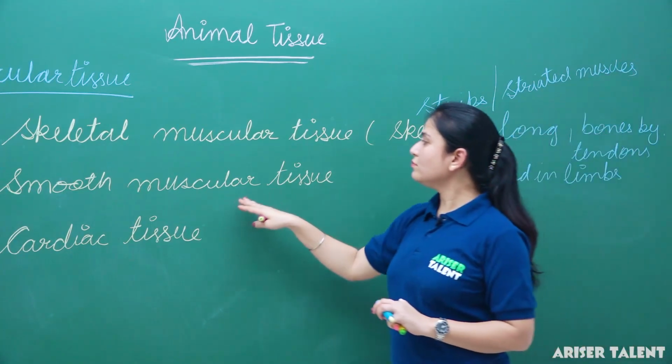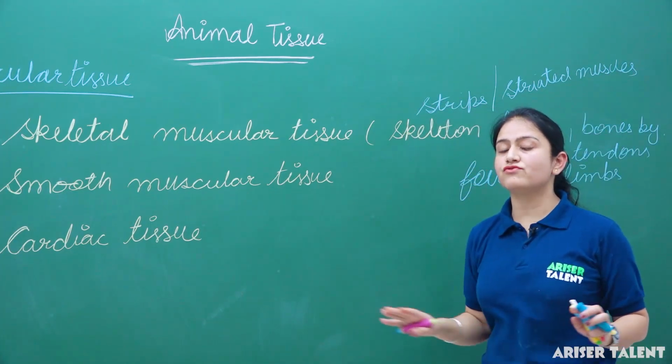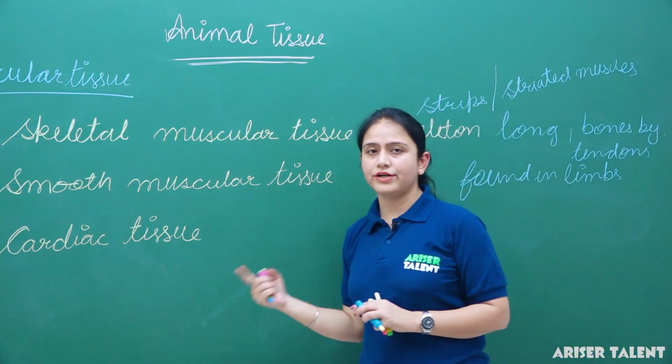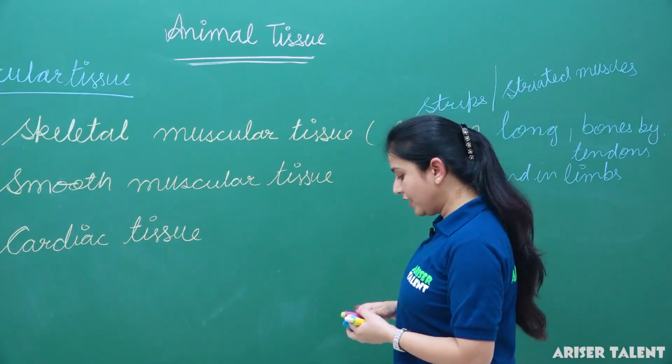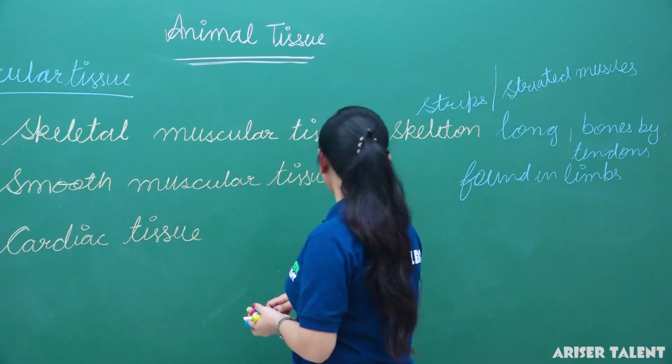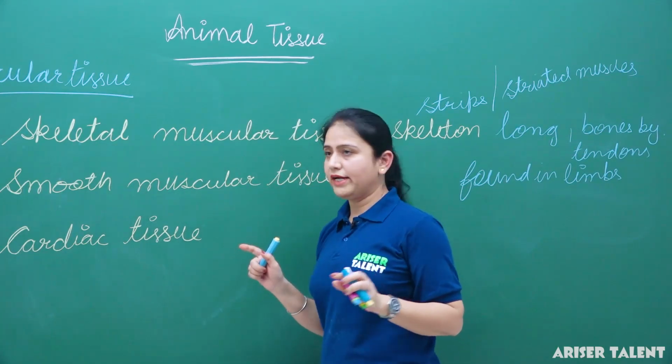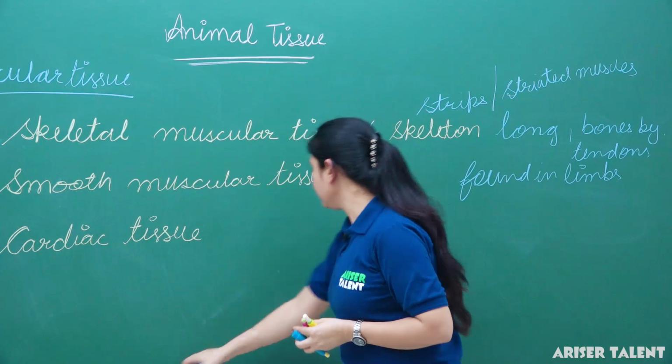But in the smooth muscular tissue, they do not have strips, so that's why they are called unstriated muscles. They have spindle shape and are narrow at the end. They have one nucleus.